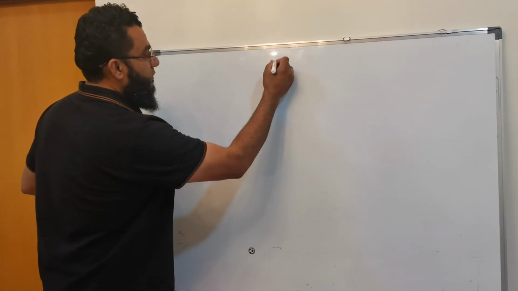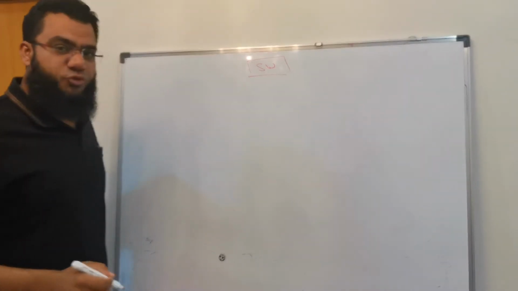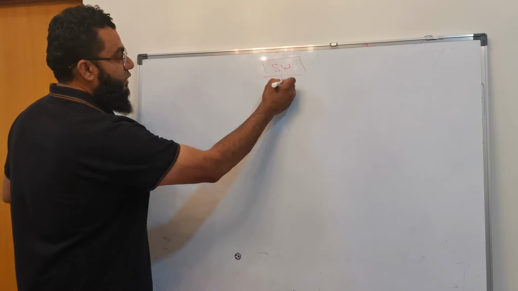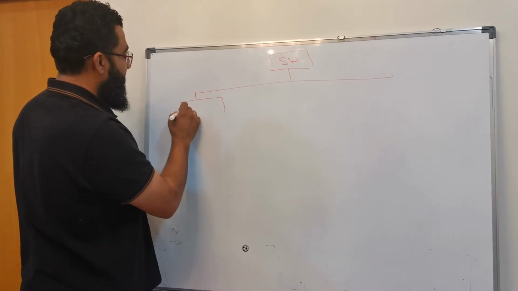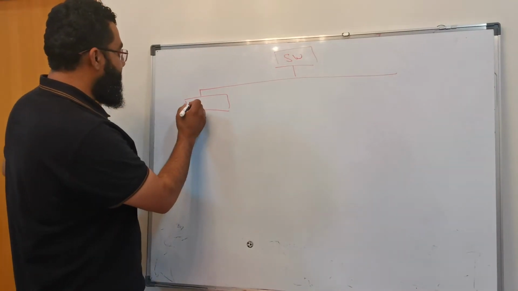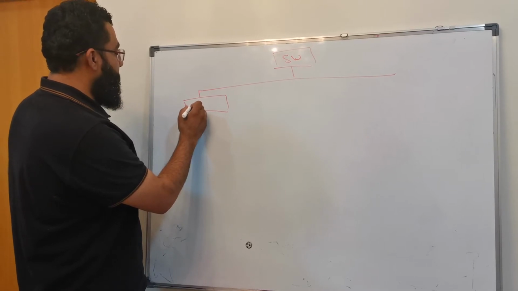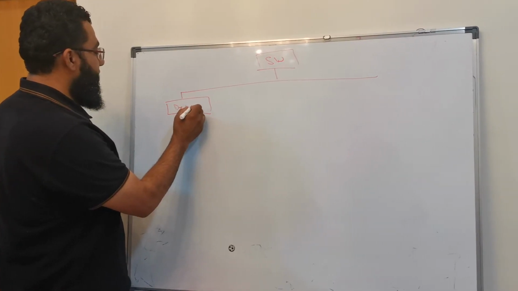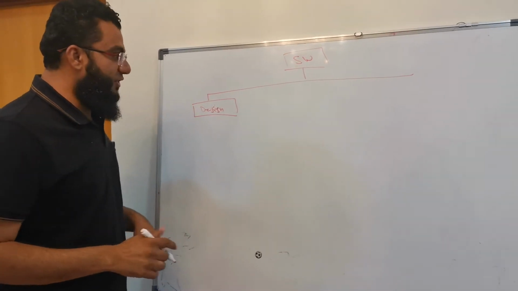I will start with my project, so I'll call it software, whatever that is. Then you need to think about how many phases you have. Let's say one of my earlier phases is my initial look, so I can call it design.